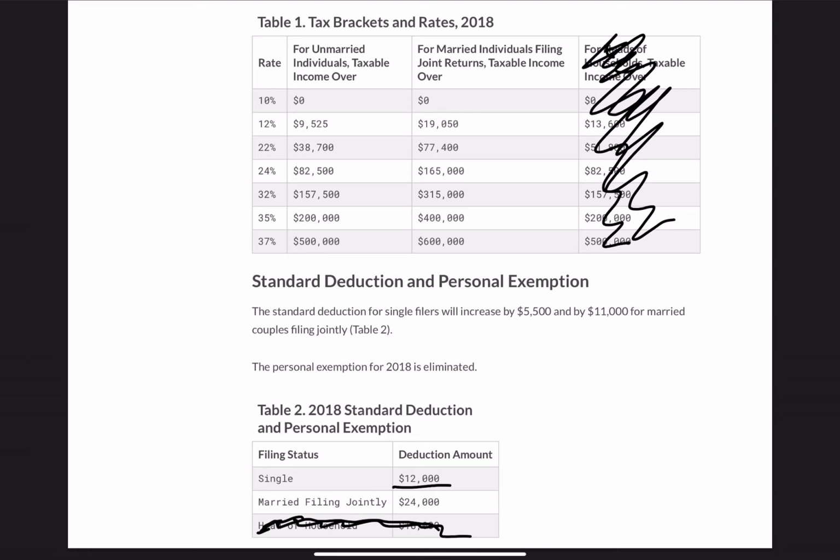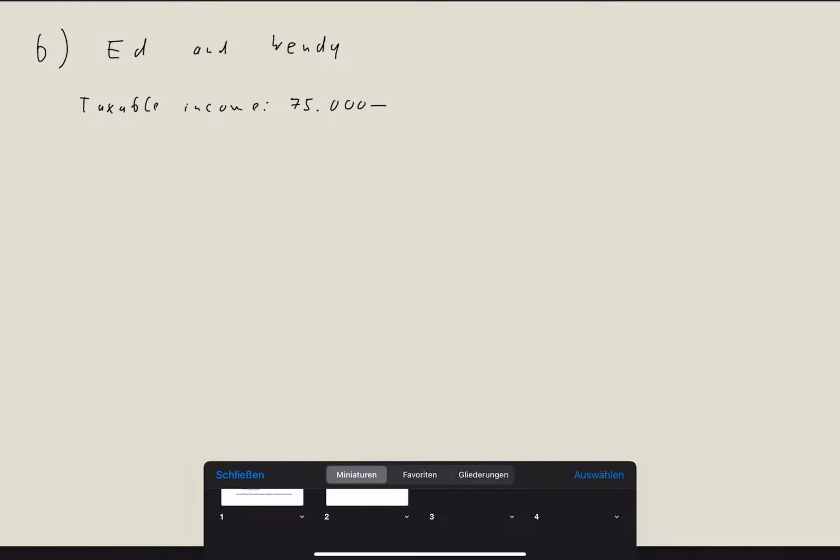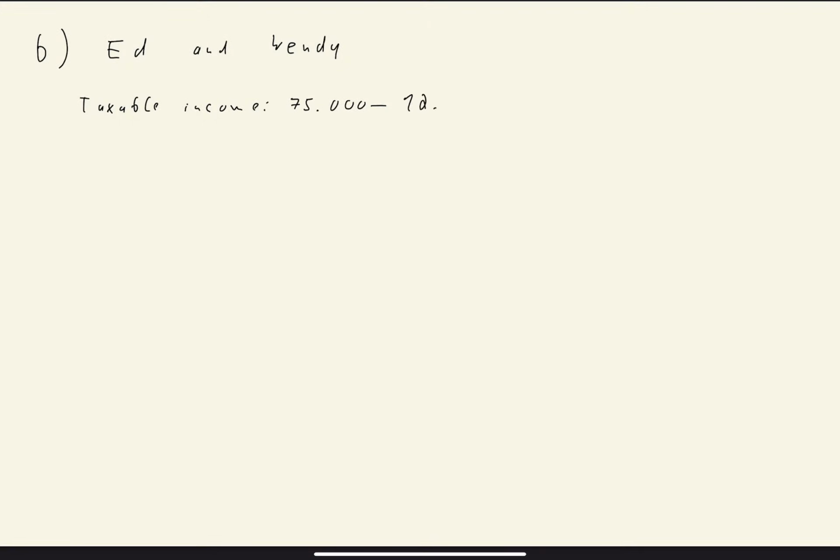So for each of them, it would be $75,000 minus $12,000, so we end up with a taxable income of $63,000. And now we simply apply the tax schedule for single filers on the taxable income of $63,000.